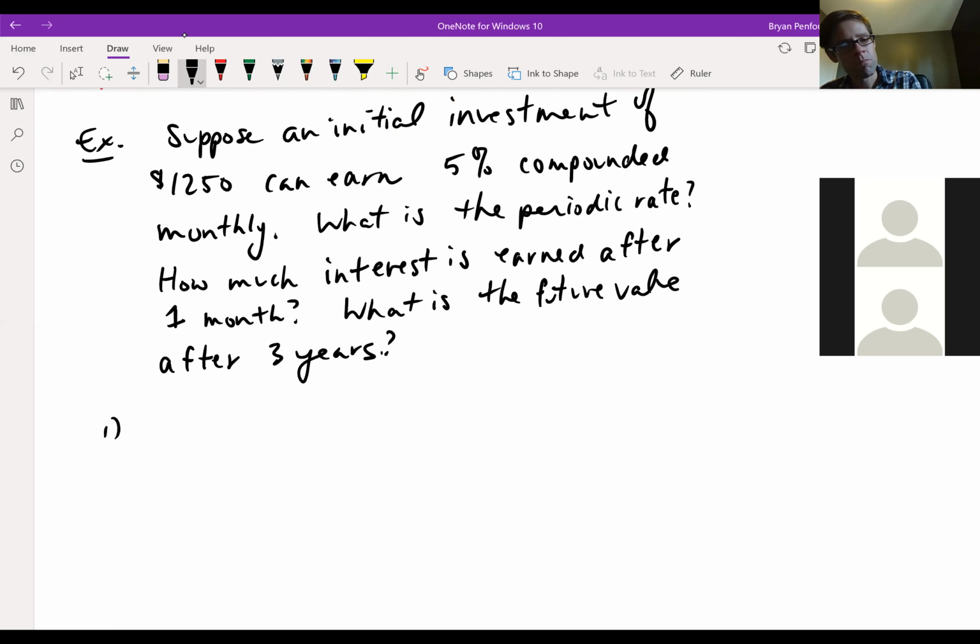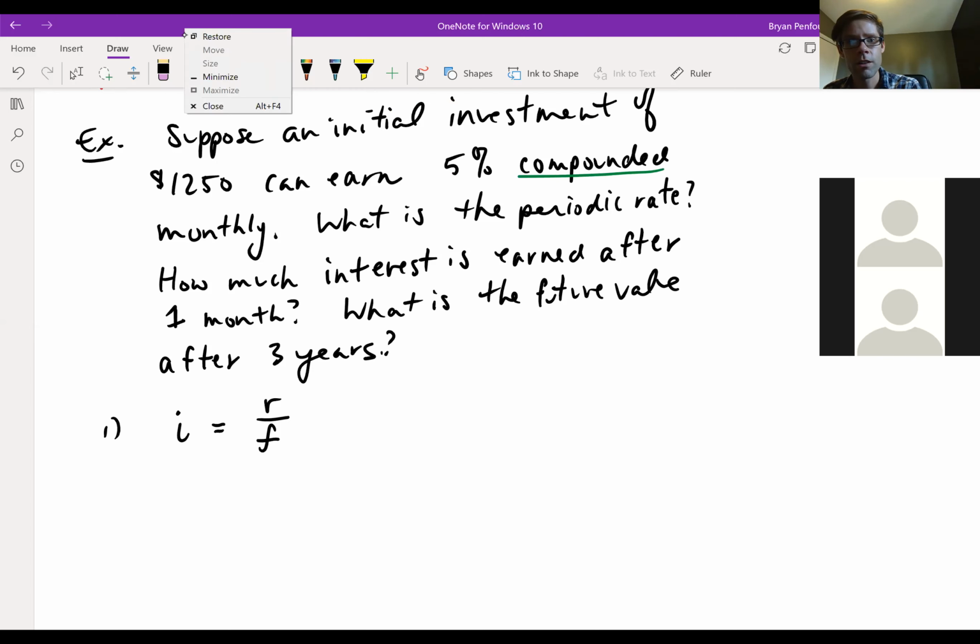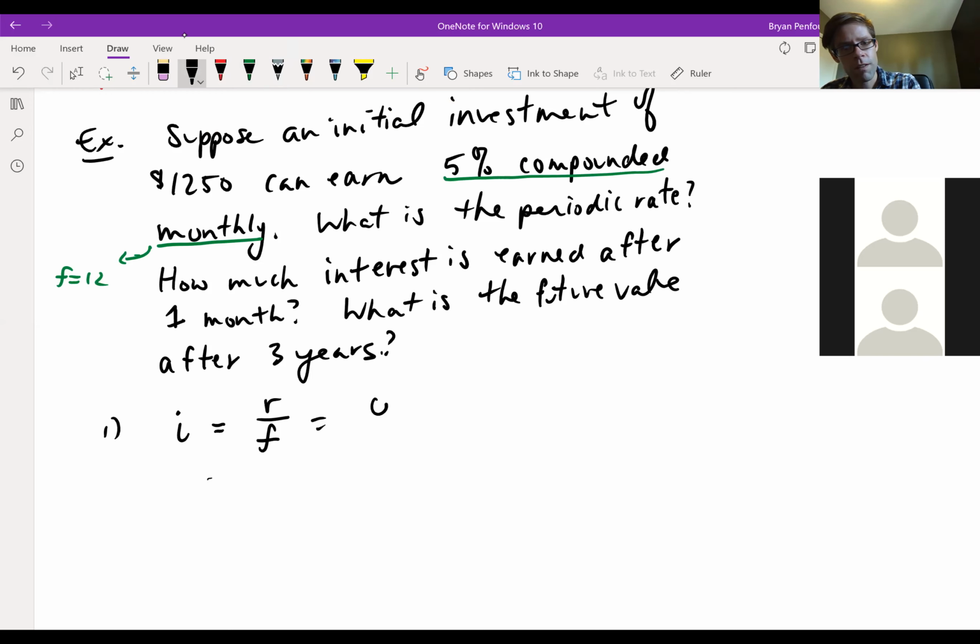So yeah, part one, if I ever want to know what the periodic interest rate is, we take our yearly rate and divide by the frequency number. Here's our yearly rate, 5%, and our frequency number is monthly, so F is equal to 12. So if we take our 5%, divide by 12, we'll keep enough decimal places to make Brian happy.